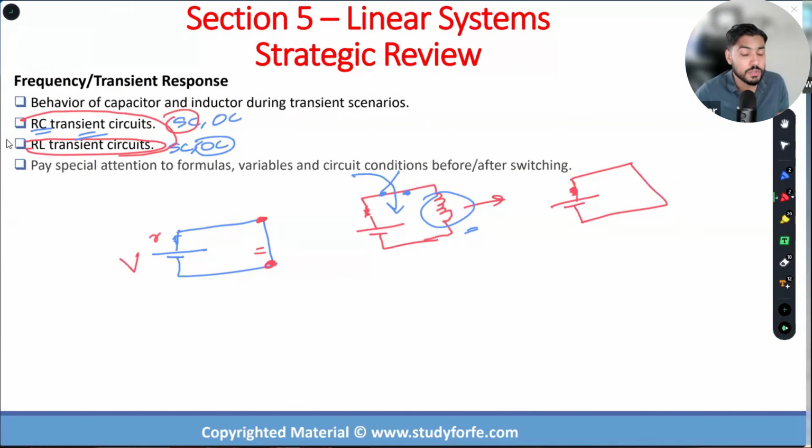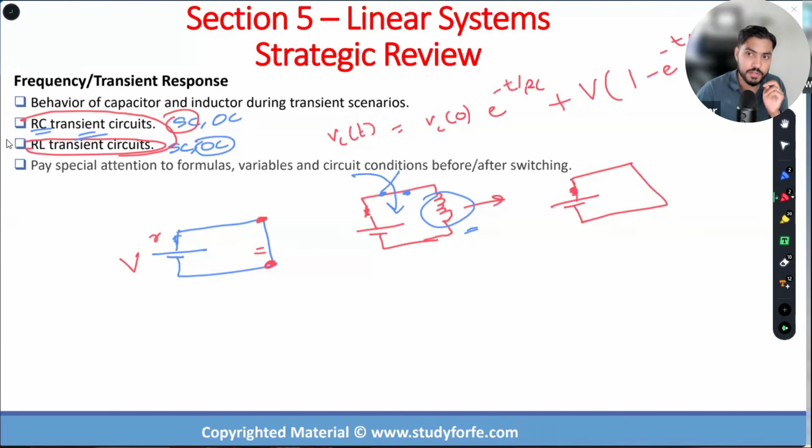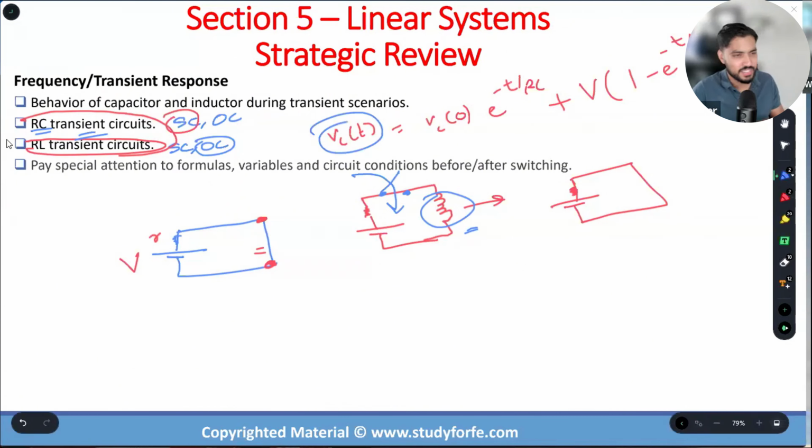The other issue that students run into is the interpretation of the variables. Because let's say VC of t is equal to V, I'm going by memory, so I might be wrong over here, but this is V, capital V e raised to power minus t divided by RC. The formula looks something like this, okay? Now there are 3 V's involved over here, and same thing for the inductors, right?